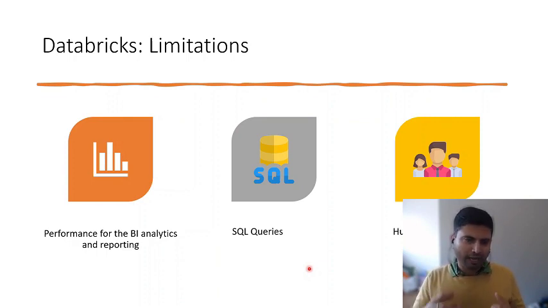But even though you have Spark there, your BI analytics, reporting queries, or SQL queries are not as efficient as, say, a query on a relational database. If you are trying to pull just one record out of the system, it's probably going to take a bit longer because it still has to go through the whole file set before it comes back.